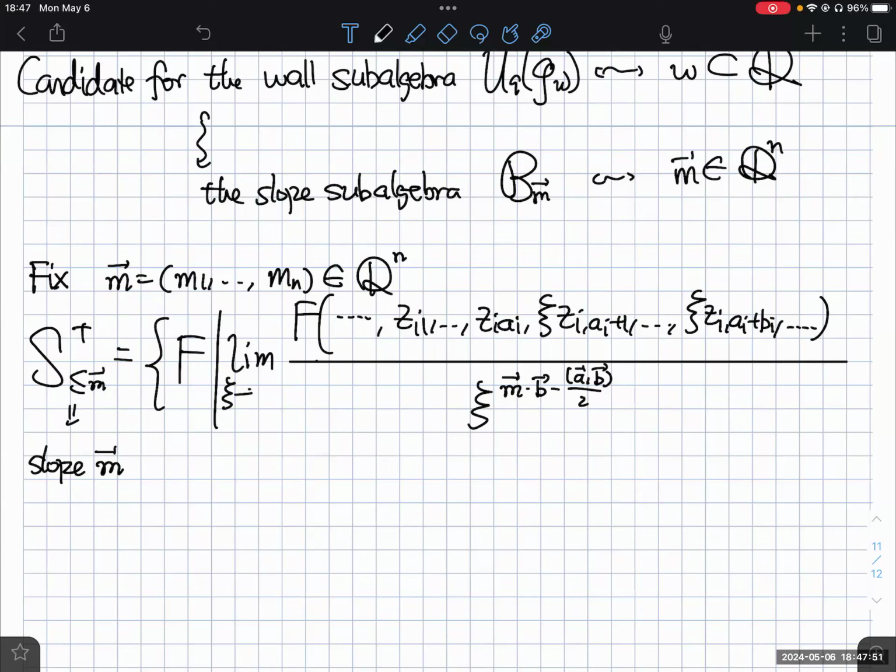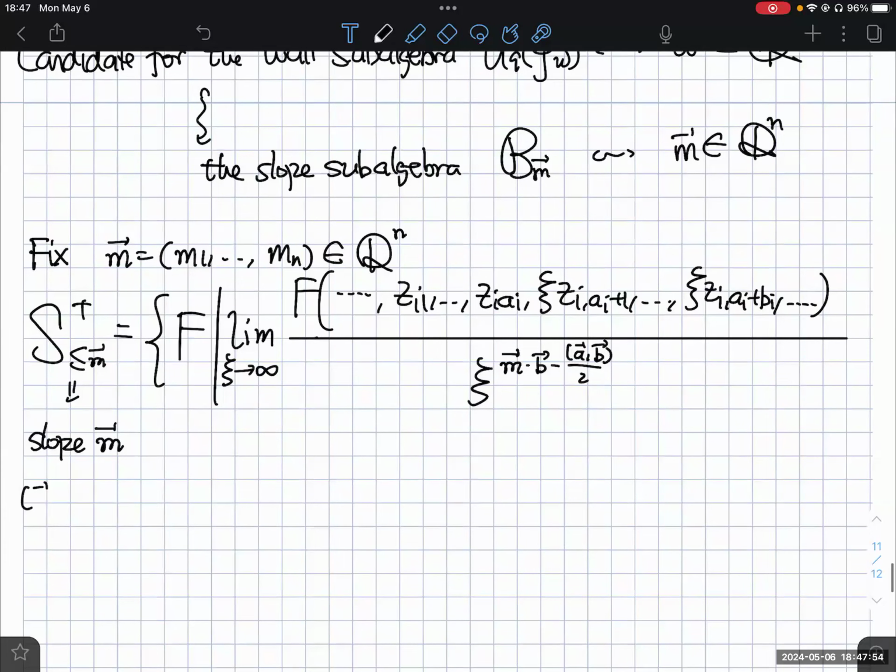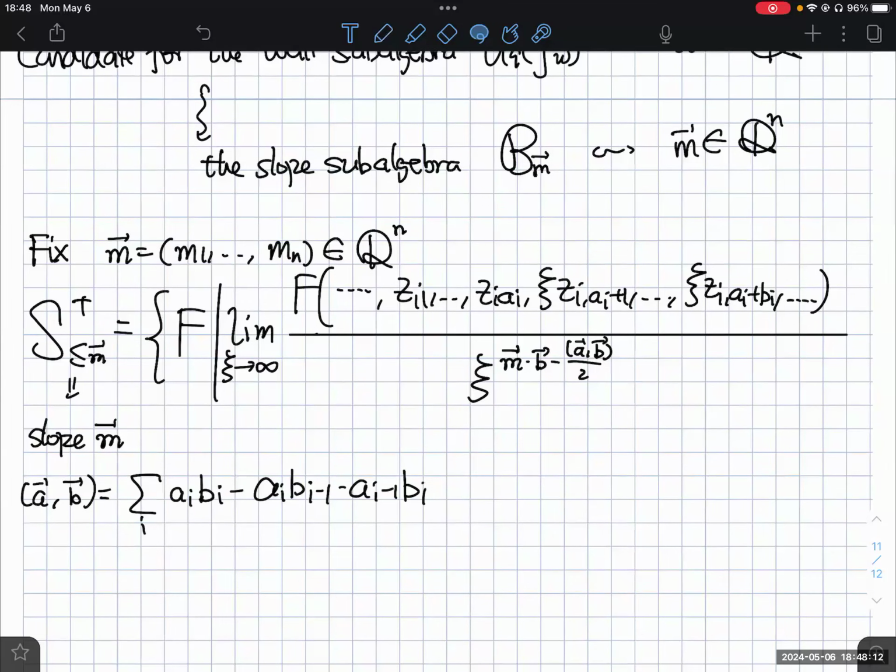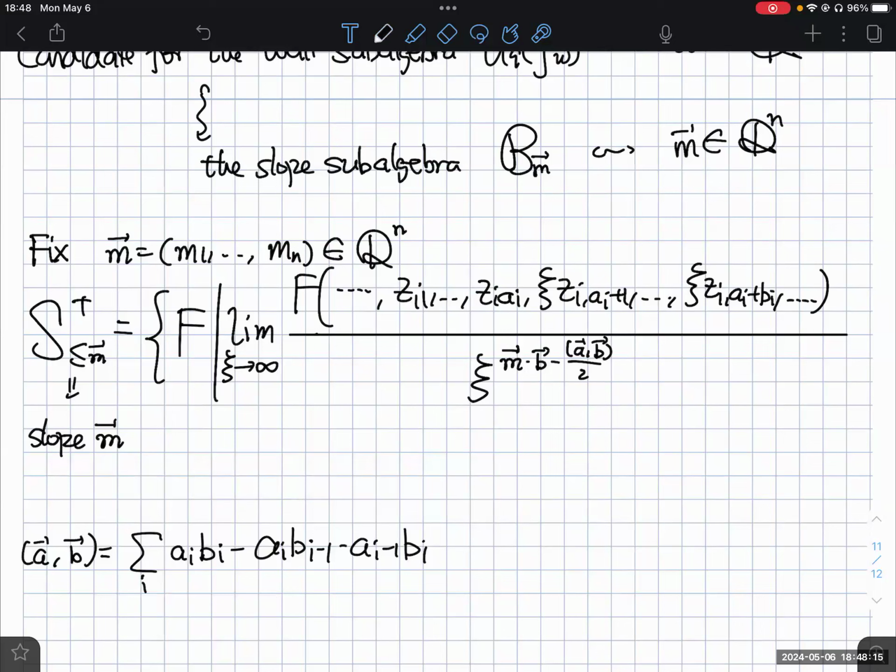and also take this chi to go to infinity, and this AB is defined as a_i b_i minus a_i b_i minus 1 minus a_i minus 1 b_i. So the slope n function means that if we take the scaling of the function in this way by chi, and we take this chi to infinity, this limit should exist, and this exists for arbitrary a and b.